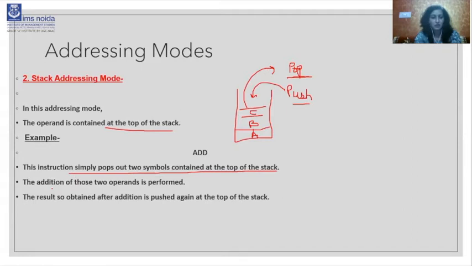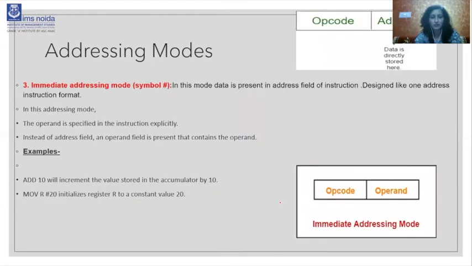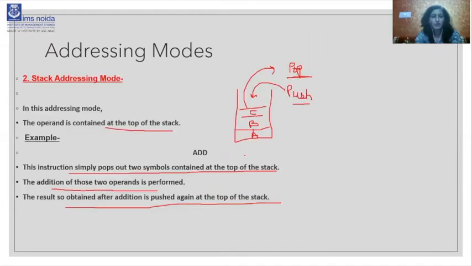Now the addition of these two operands is performed, and the result obtained after addition is pushed again at the top of the stack, right? So what is stack addressing mode? If we want to find the address of an operand, we have to pop the item, and that item contains the address of the operand. So this shows the operand is contained at the top of the stack.